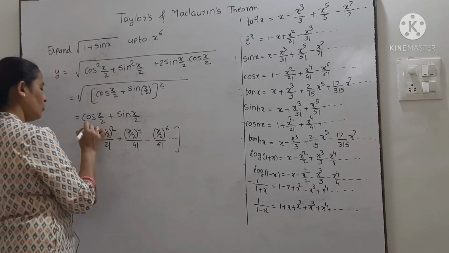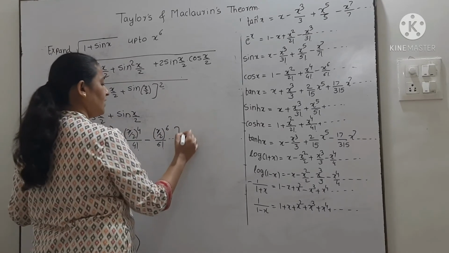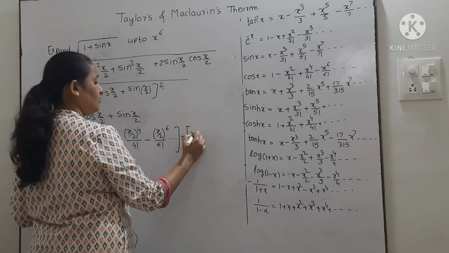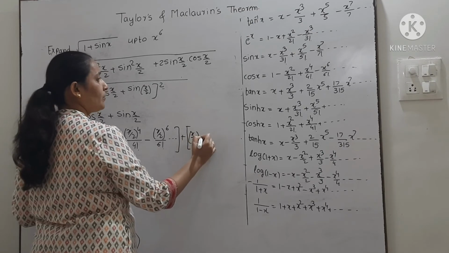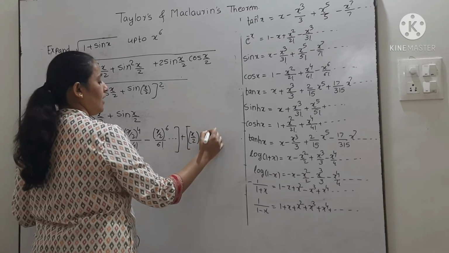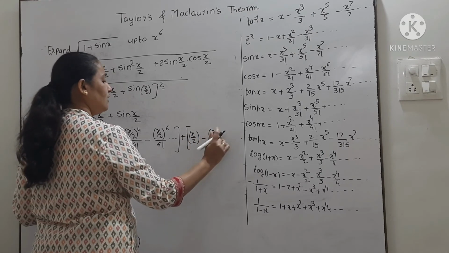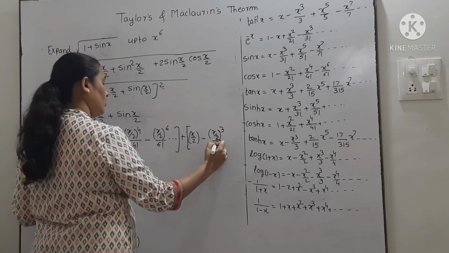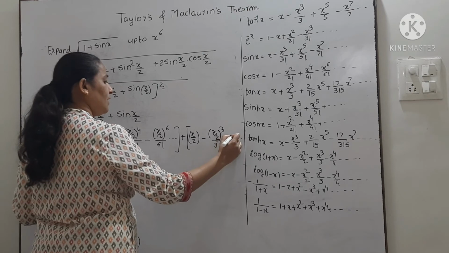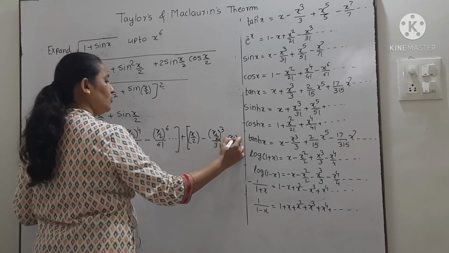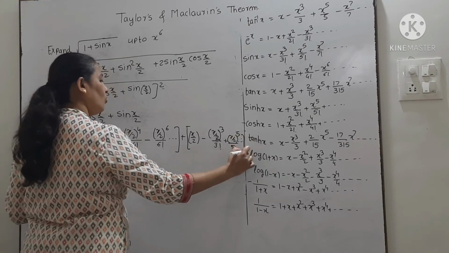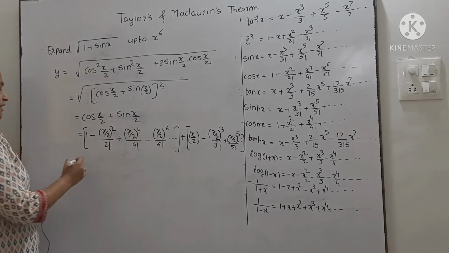This is the expansion of cos x, plus the expansion of sin x by 2, that is, x by 2 minus x by 2 bracket cube upon 3 factorial plus x by 2 bracket raised to 5 upon 5 factorial and so on. Only you have to expand this and you will get the answer.